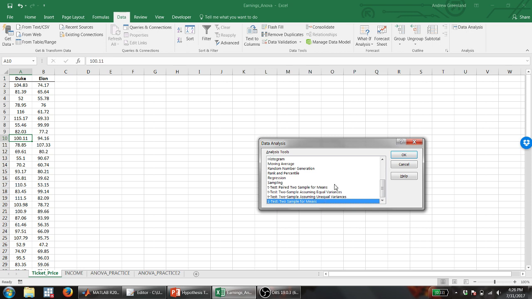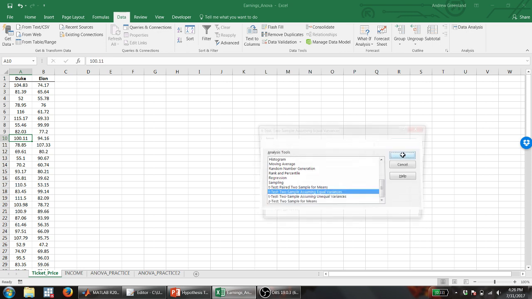So we're going to focus on two samples assuming equal variances. We're just going to say that we don't know what those variances are, and the formula is going to be the one taken from that slide, but all the calculations are going to be done in the background.